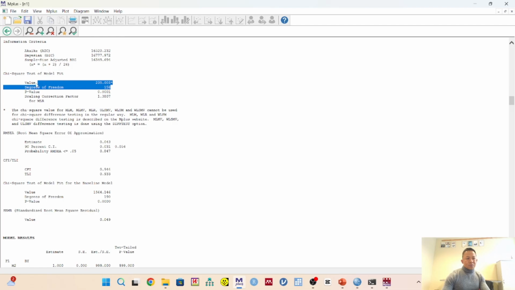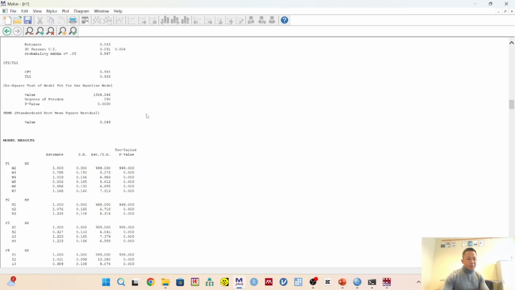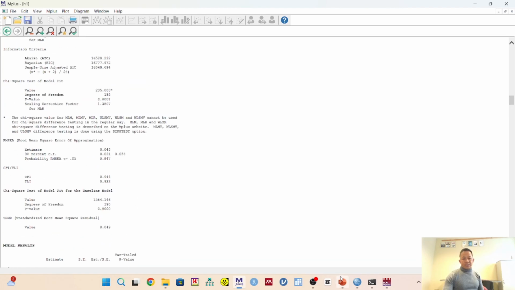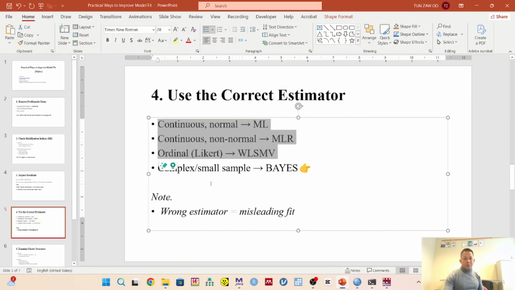The chi-square by df value is less than 5. It's okay, great. SRMR: this model absolutely fits. It is good. It means our data is non-normal, not in a normal distribution. That's why we use this robust maximum likelihood estimator. It's good. Is there any other way to improve the model fit?